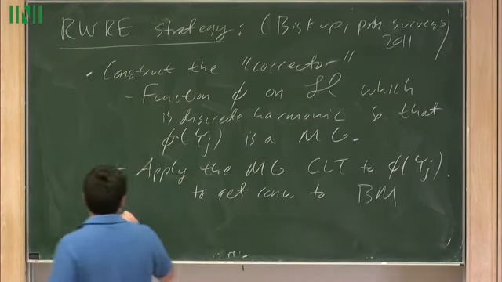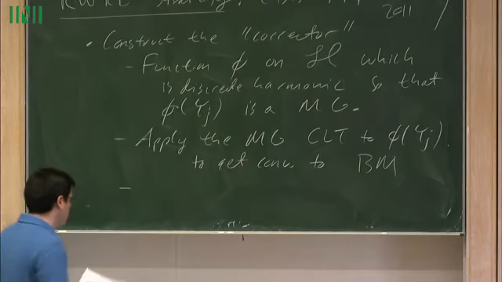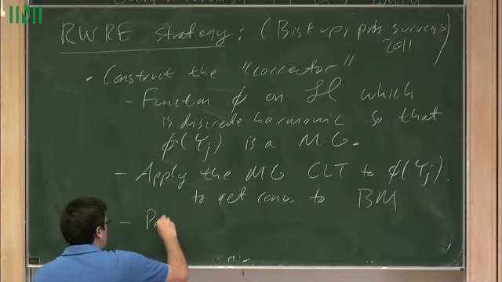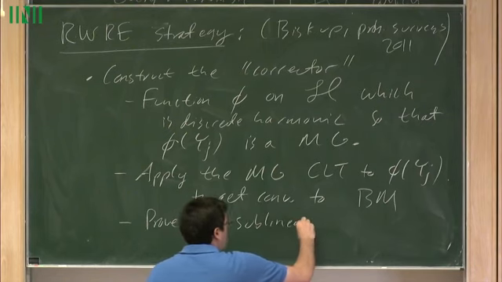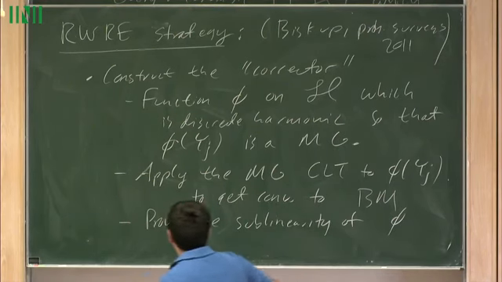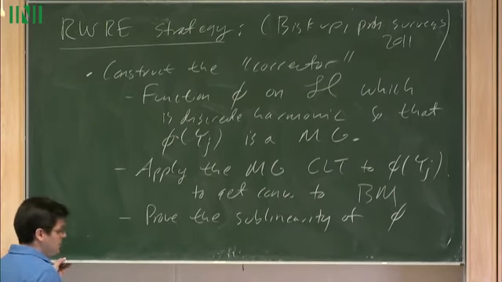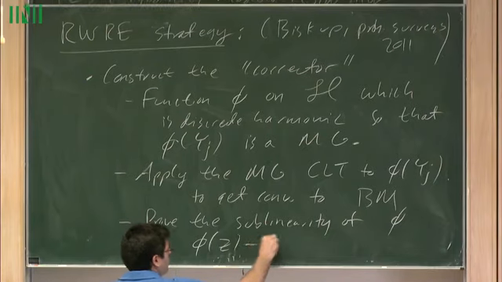And then the way that you finish is that you check that the corrector is sublinear. So then you prove the sublinearity of phi. What this means is you want to show that phi is very close to the identity.